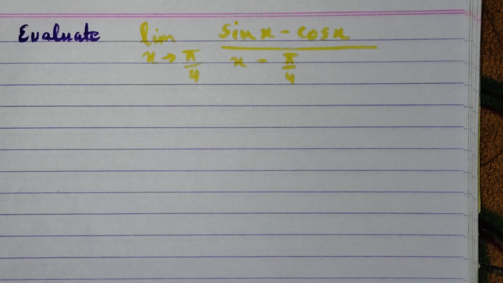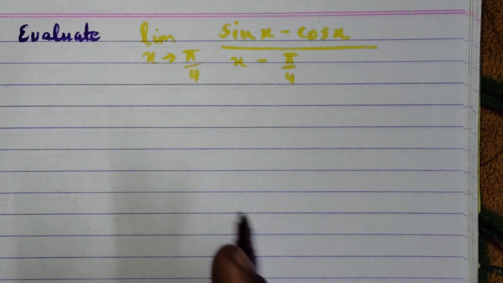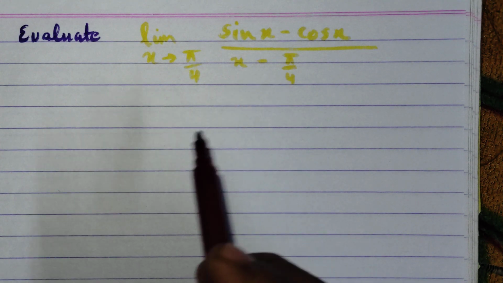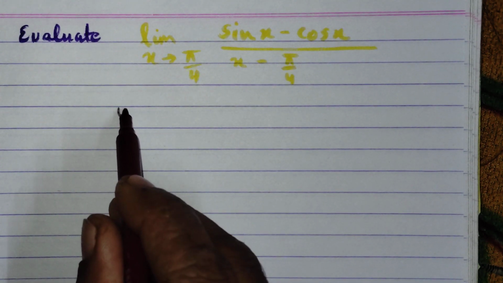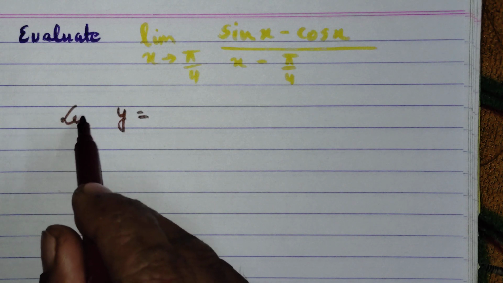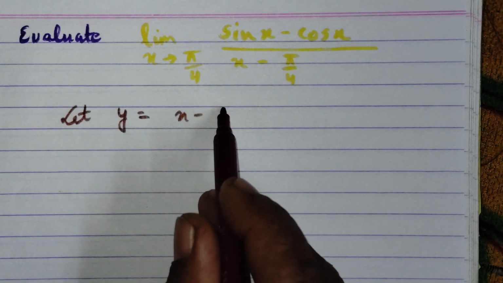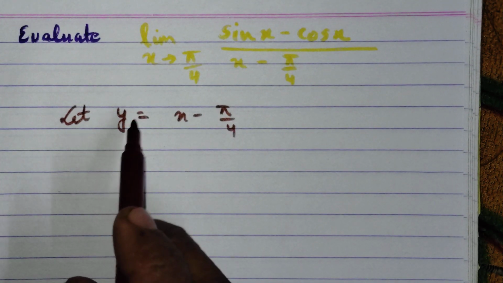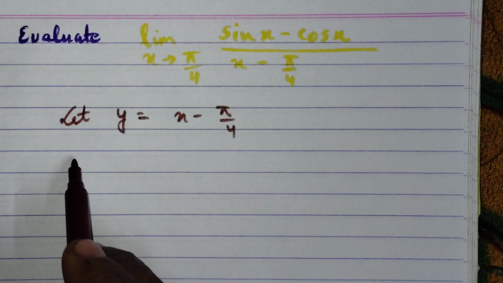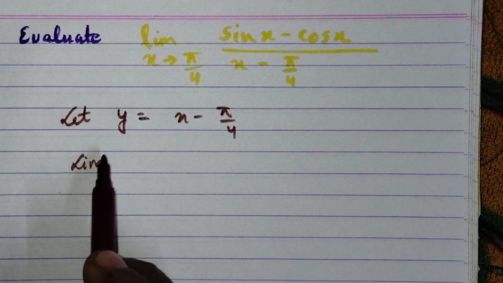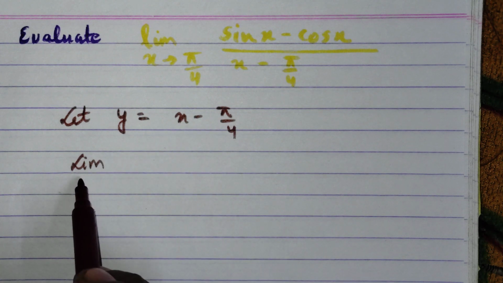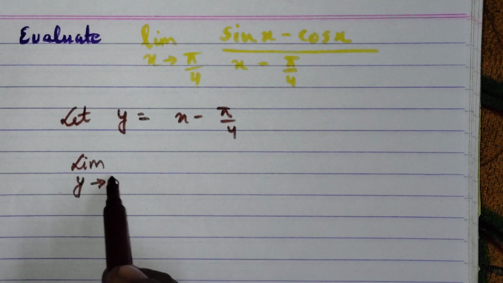This is a changing-the-limit problem, and this type of problem is important for the exam. Limit x tends to pi by 4, sin x minus cos x upon x minus pi by 4. So we replace y equal to x minus pi by 4. The new limit will come: x is pi by 4, so pi by 4 minus pi by 4 means 0, so y tends to 0.